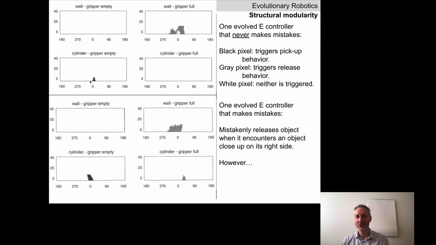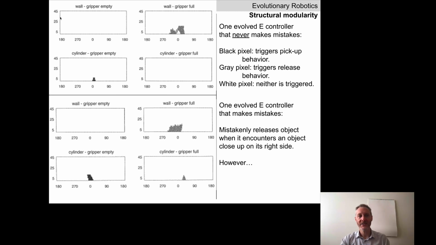Okay, I like this plot better. This is a better way to evaluate this. We're actually going to look at 2 different evolved controllers. Here's the results from one evolved controller. Here are the results from a second evolved controller. On the horizontal axis here, we're plotting the angle of the robot relative to the wall or an object.